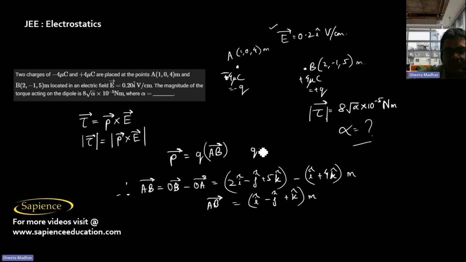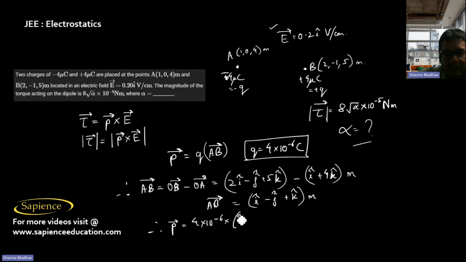And Q is equal to 4 microcoulomb, which is 4 into 10 power minus 6 coulomb. Therefore the dipole moment vector is equal to 4 into 10 power minus 6 into (i cap minus j cap plus k cap) coulomb meter. Coulomb meter is the SI unit of dipole moment.